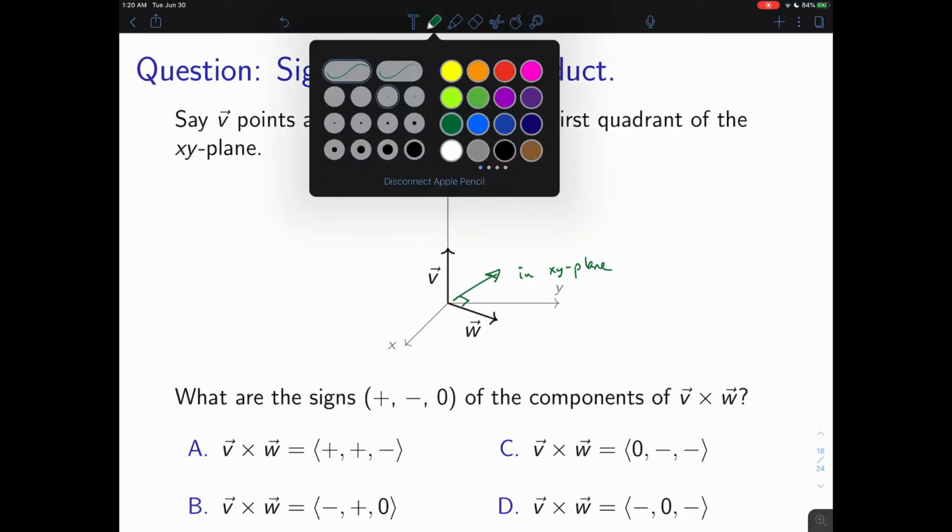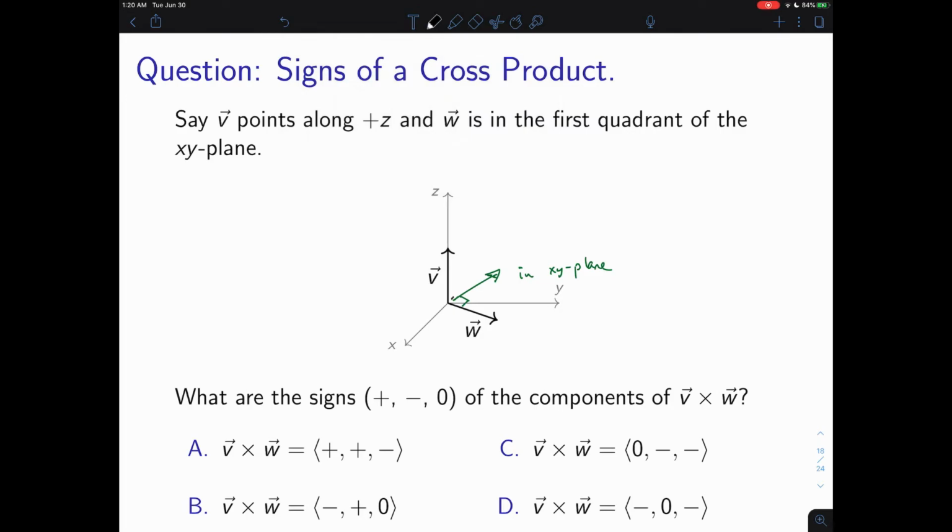And it would be at a right angle to W. So in that part of the XY plane, between the positive y-axis and the negative x-axis, that's where V cross W would end up.